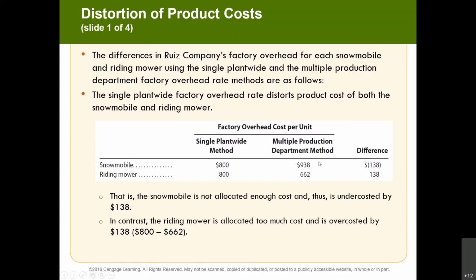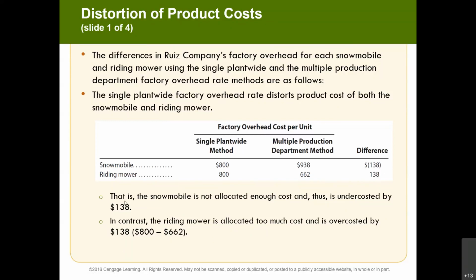Now we can see that led to a negative difference for the snowmobiles of $138 and a positive difference of $138 for the riding lawnmowers. The good thing is this really isn't balanced. So ideally, the company would probably be okay if they used either method, because you can see that there would be no difference after you add these two together.